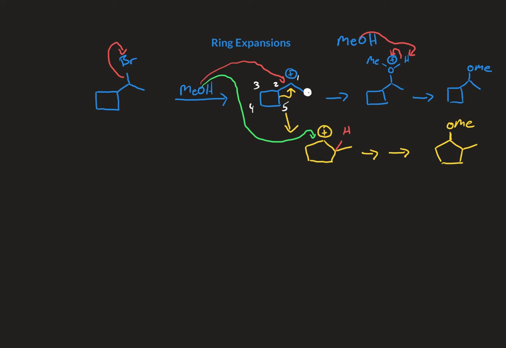And if this hydrogen were to shift in a 1,2 hydride shift, it would form a tertiary carbocation, which could then be attacked by methanol.